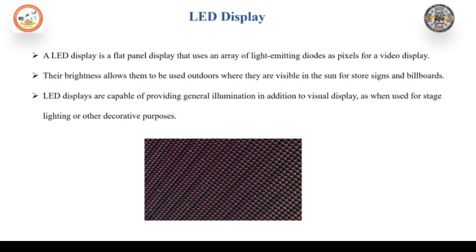LEDs have typical power to light energy conversion efficiencies some 10 to 50 times greater than a tungsten lamp, and have very fast response times, approximately 0.1 microsecond compared with hundreds of milliseconds for a tungsten lamp, and are thus widely employed as visual indicators and as moving light displays.